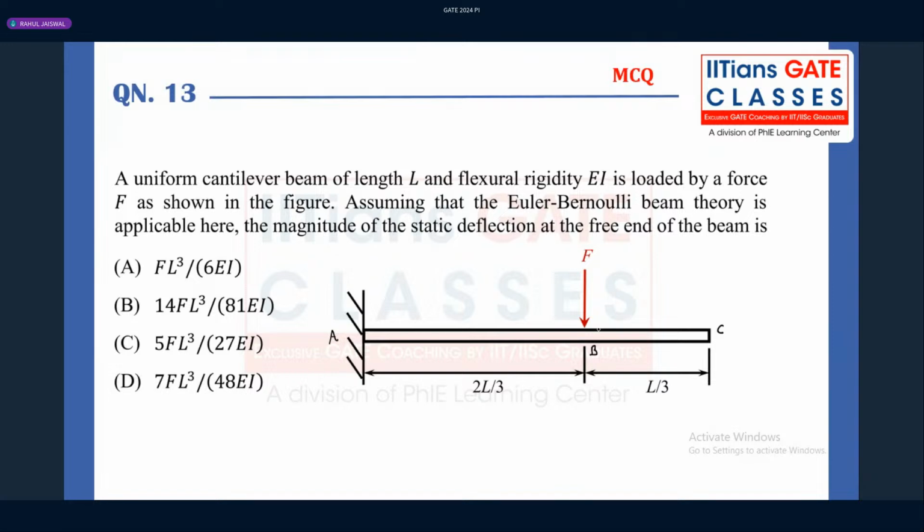Assuming that Euler-Bernoulli beam theory is applicable here, what is the magnitude of the static deflection at the free end of the beam? So they are asking for the deflection at point C. Is there any difference between dynamic deflection and static deflection? Here, the load is just applied at point B. It is not falling from some height or with some velocity.